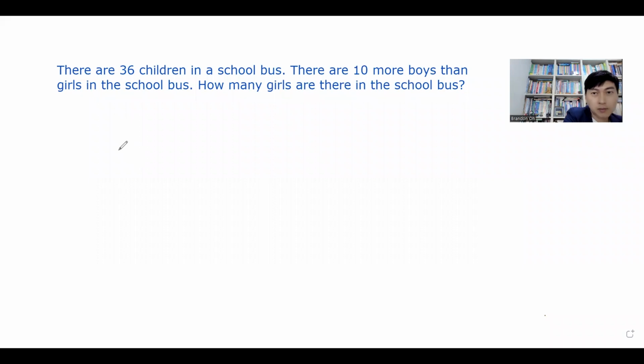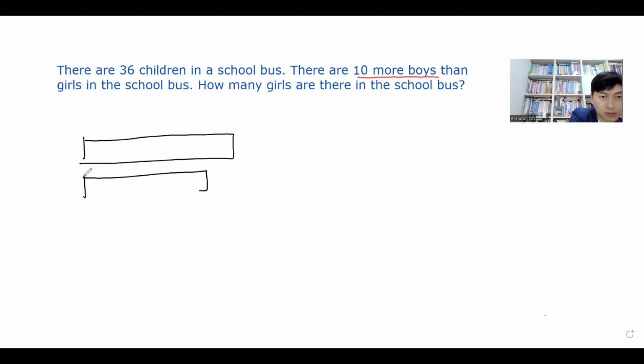First, we know that there are two bars that we're going to draw, one to represent the boys and another one to represent the girls. Since there are 10 more boys than girls, we will draw the bar for boys longer compared to the bar that represents the girls.